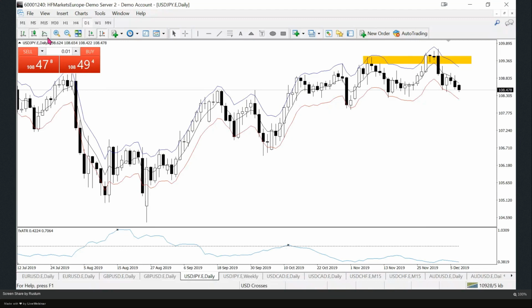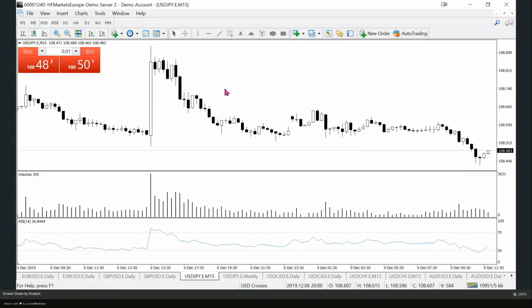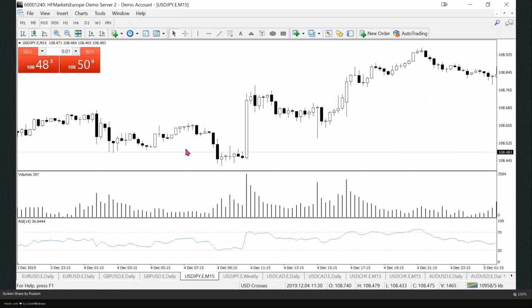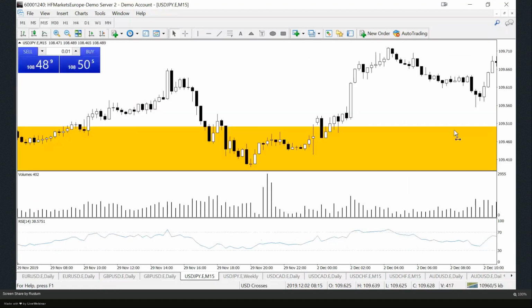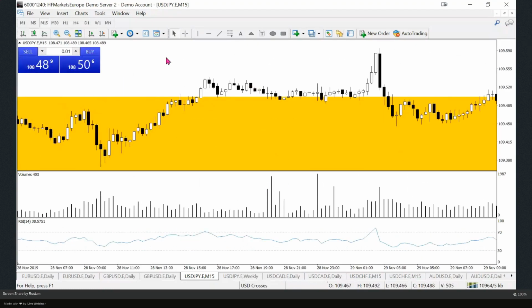Maybe I'm jumping the gun again, but let us just go to the 15-minute and see if there was any entry at the beginning or the end of November. So this was the area. Now this is an opportunity on the shorting.